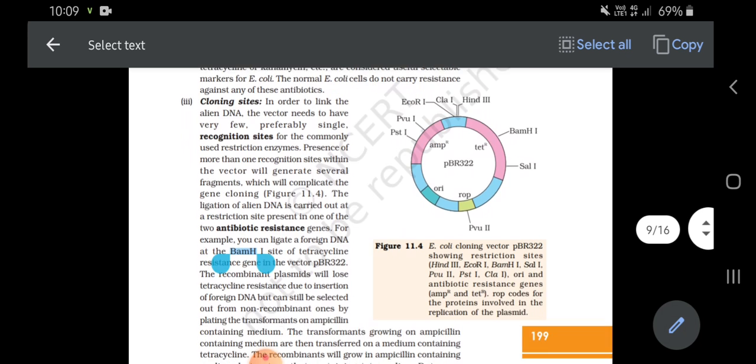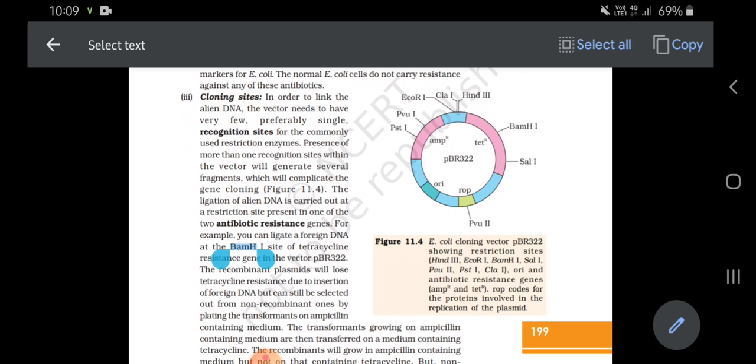Next we will come to the cloning site. What is a cloning site? To link the alien DNA or the foreign DNA, the vector requires very few, or only one, recognition site for the restriction enzyme. That means the site in which the foreign DNA will come and get joined.